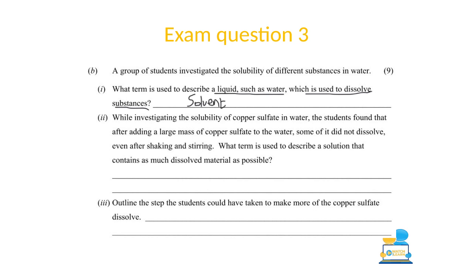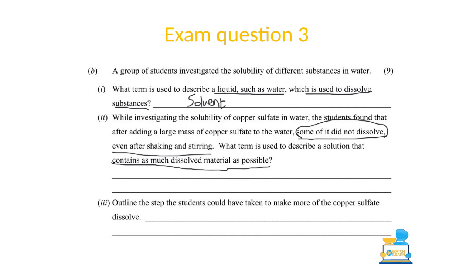While investigating the solubility of copper sulfate in water, the students found that after adding a large mass of copper sulfate solute to the water, some of it did not dissolve. So there's a key part of the question: some of it did not dissolve, we're told. So think back to your sugar in your cup of tea, even after we stirred it and we shook it. What term is used to describe a solution that contains as much dissolved solute as possible at a certain temperature?